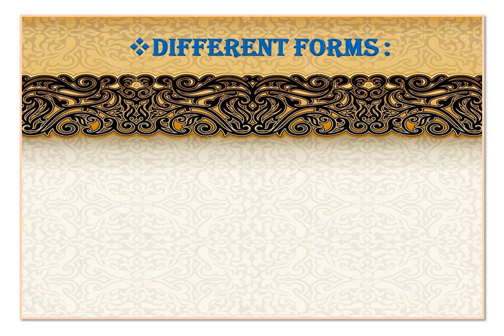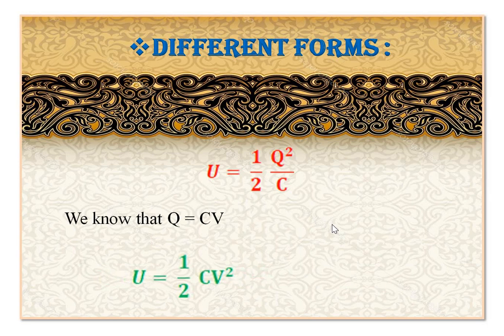So let's see the different forms of this energy. The first form is U equals 1/2 Q square divided by C. We know that charge Q equals C times V. Putting this value of Q in this equation, we can write 1/2 C square V square divided by C. Solving this equation, we get the new form of the energy: U equals 1/2 C V square.